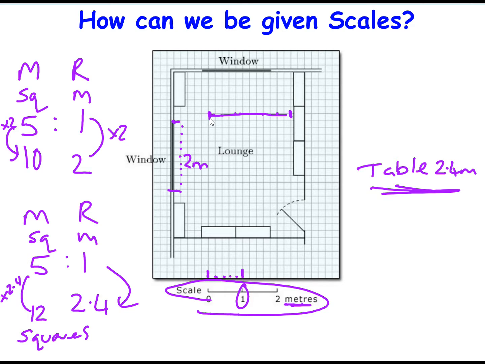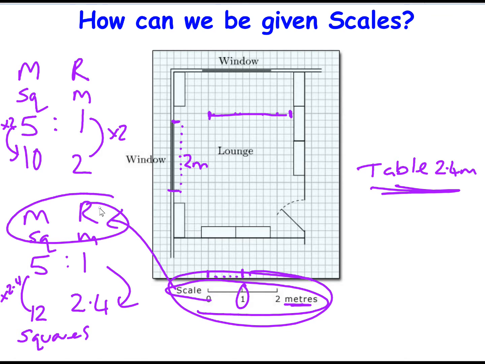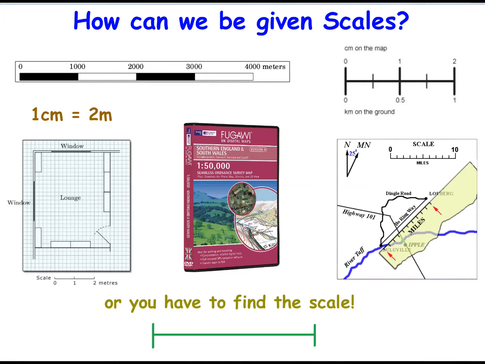So that's going to and from the map. And that will be the crux of our next video on how to put things onto and take things off the drawings. What we're primarily concerned with is going from a scale that you've been given to a strap line on a ratio in order to do these conversions. And that's it really.